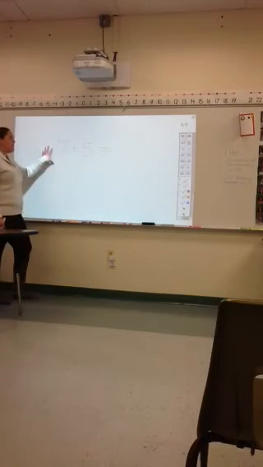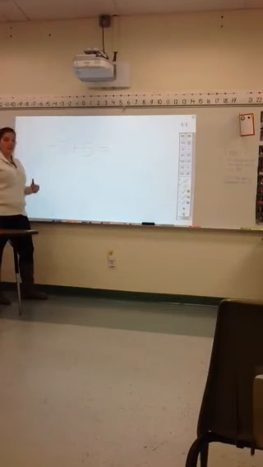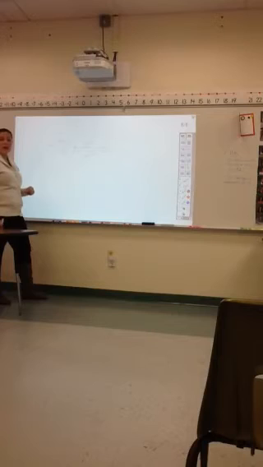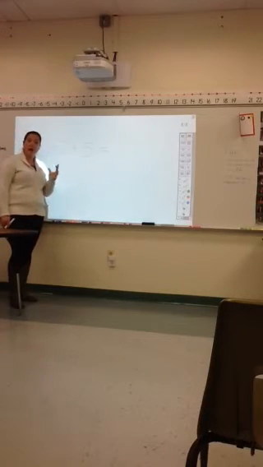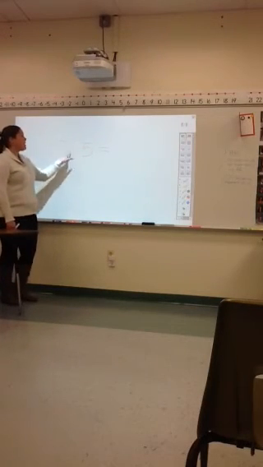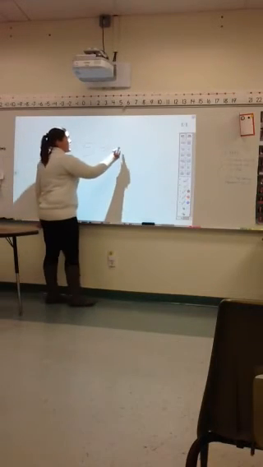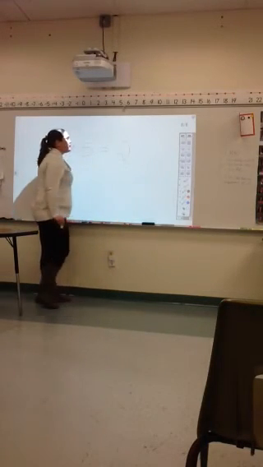I have one negative number, one positive, they have different signs. So I need to find the difference of the absolute values. So the absolute value of -7 is 7. The absolute value of +5 is 5. 7 minus 5 gives me 2.